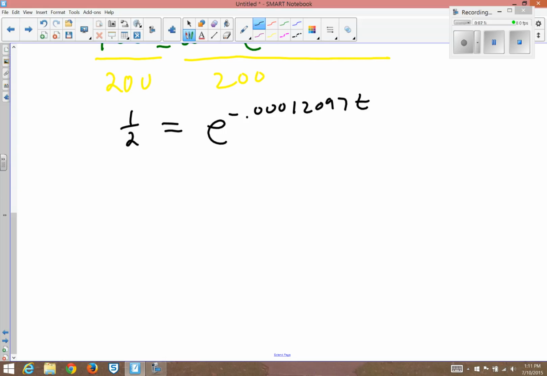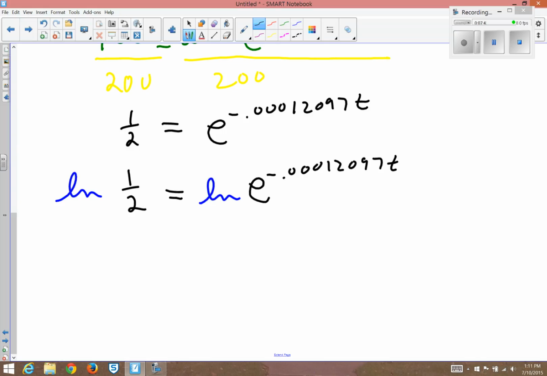Now we take the natural log of both sides. If two things are equal, the natural logs must be equal. Or you could say, if you do something to one side of the equal sign, like take the natural log, we have to do the same thing to the other side of the equal sign.